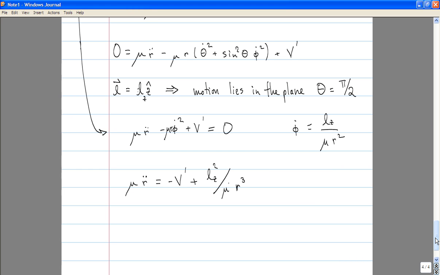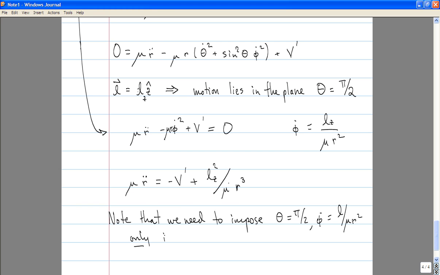And so I encourage you to convince yourself that we need to impose the constraint theta equals pi over 2 and phi dot is L over mu r squared only in the equations of motion, not in the Lagrangian.